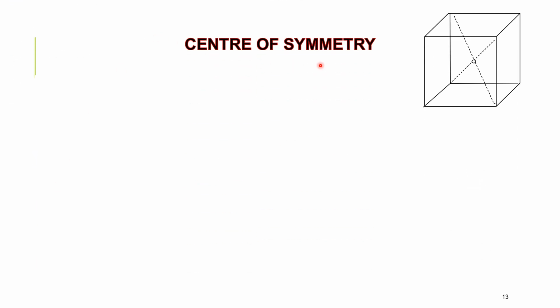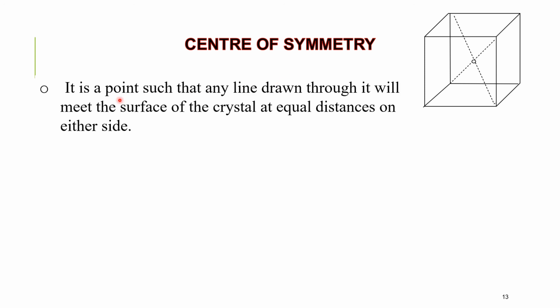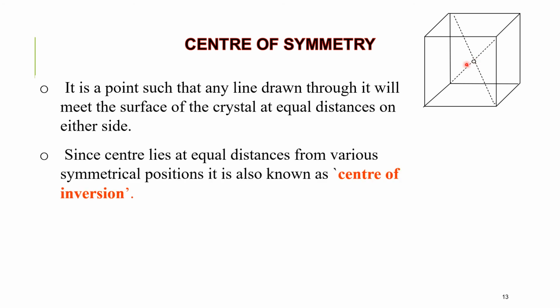Center of symmetry. It is a point such that any line drawn through it will meet the surface of the crystal at equal distances on either side. This point is the center of symmetry. Since the center lies at equal distances from various symmetrical positions, it is also known as the center of inversion.